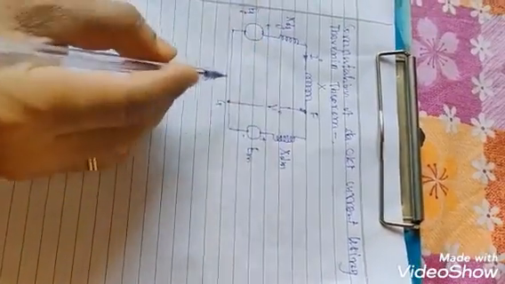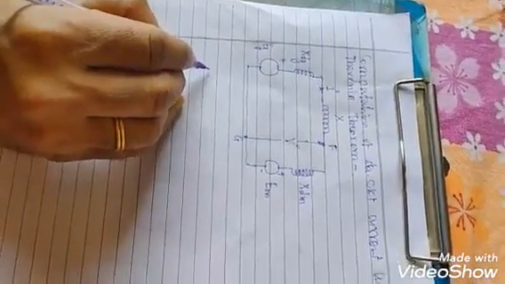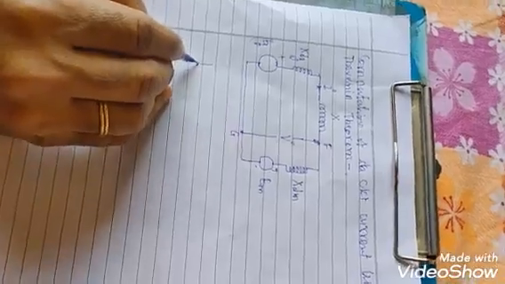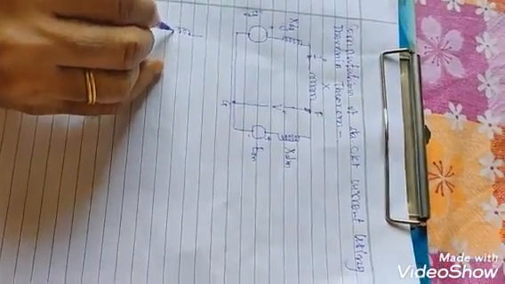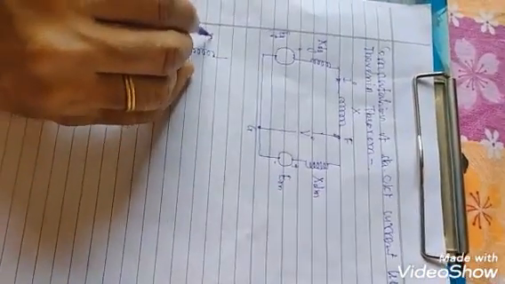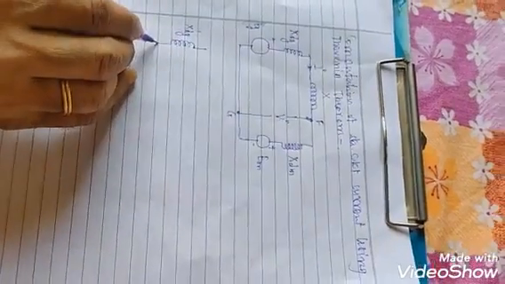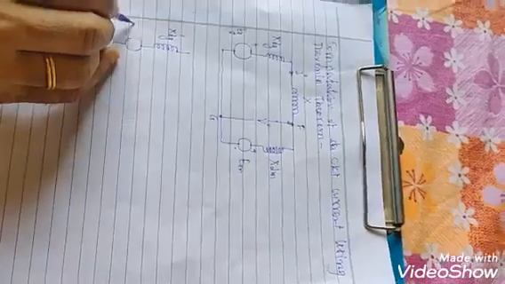So this is the subtransient reactance of generator XDG prime in series with EMF of generator EG.